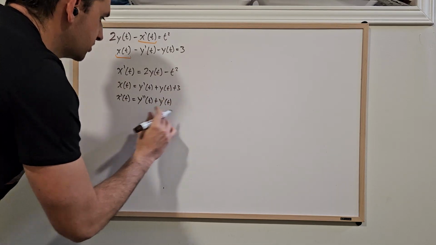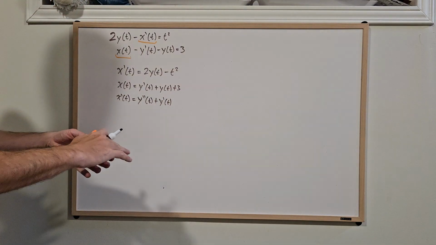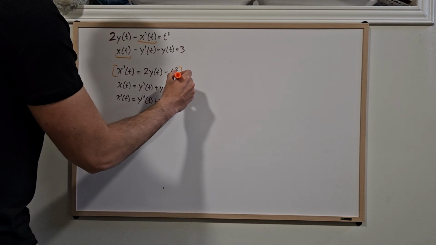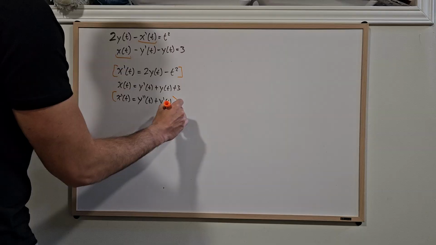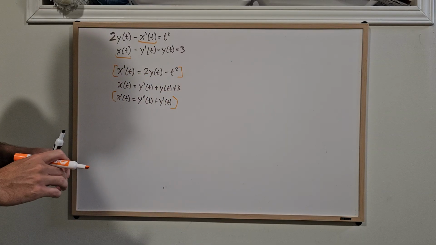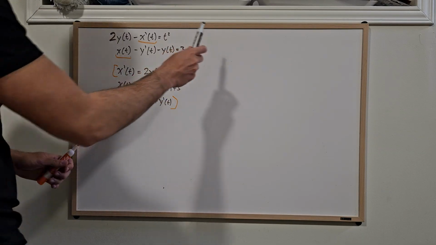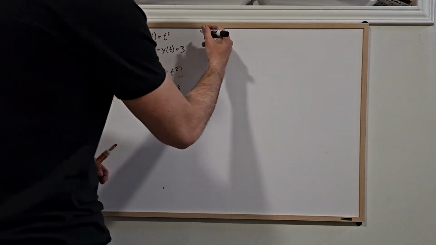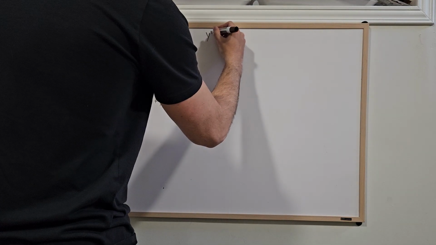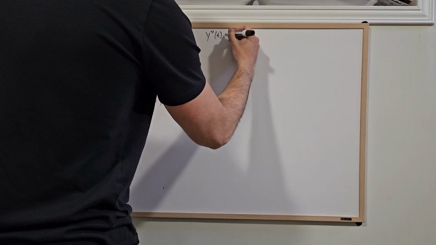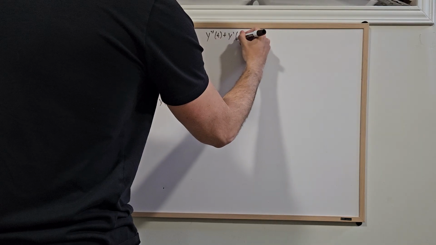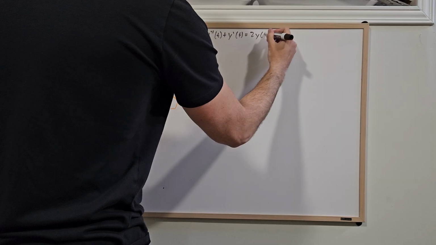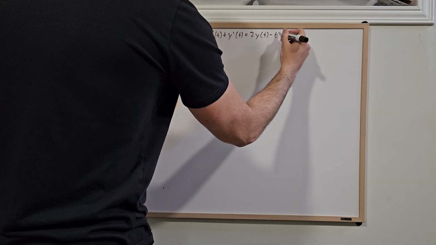The derivative of a constant is just 0, so we're going to leave it at that. Now, here we go. I have this x prime of t here. I have this x prime of t here. I'm going to set them equal to each other. Okay? Up here. So, I'm going to write this one down first. I got y double prime of t plus y prime of t is equal to 2y of t minus t squared.